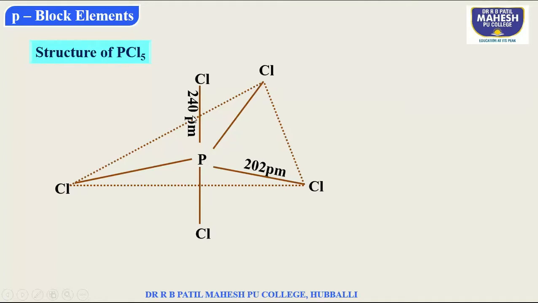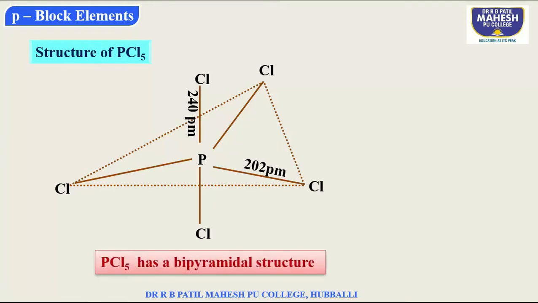The reason is simple. Axial bond electrons experience repulsion by three equatorial bond electrons at an angle of 90 degrees. PCl5 has a bipyramidal structure.